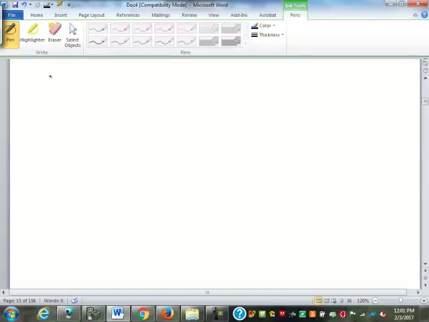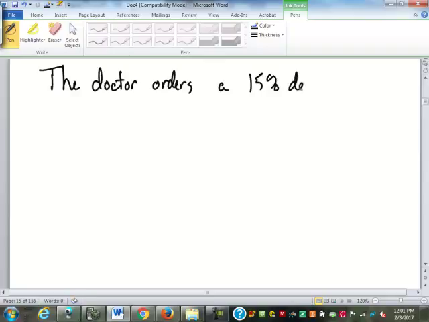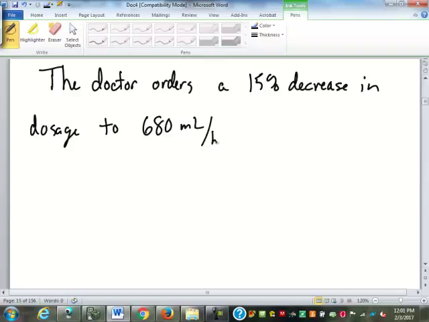Let's see. The doctor orders a 15% decrease in dosage to 680 milliliters per hour.